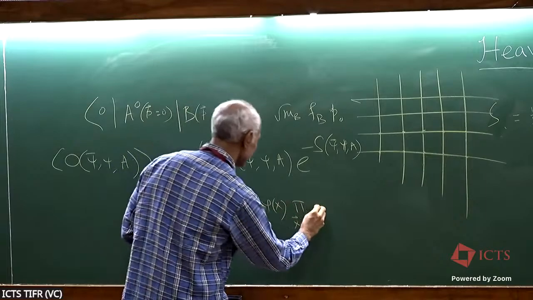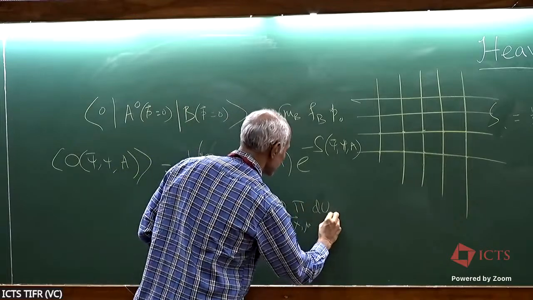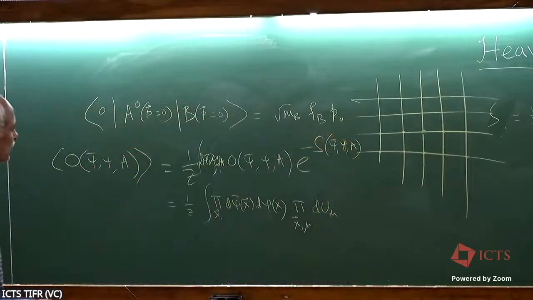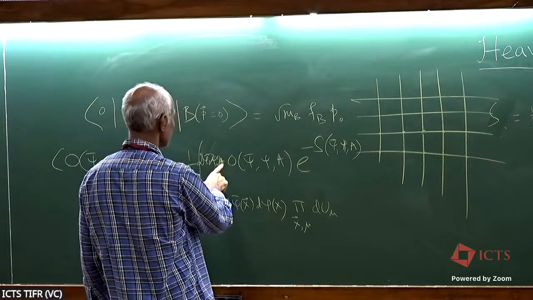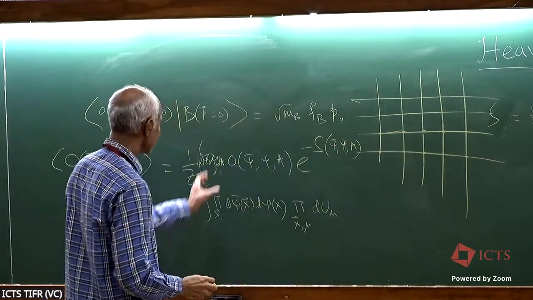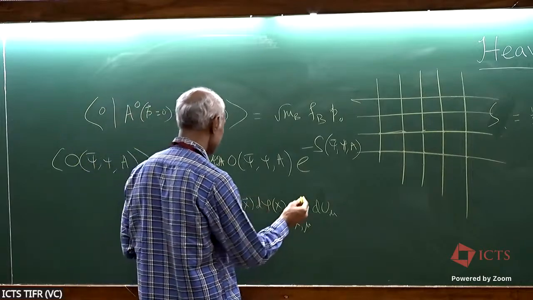Here I have written A mu, but usually what we do is use U mu's, which are like exponentiating this A. It doesn't matter. I'll mostly talk about what happens to the fermion fields.